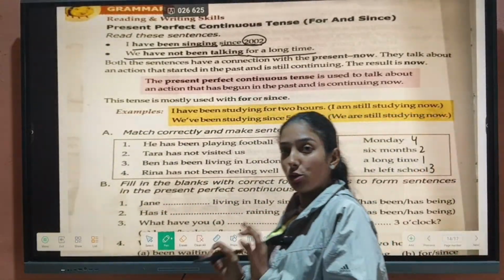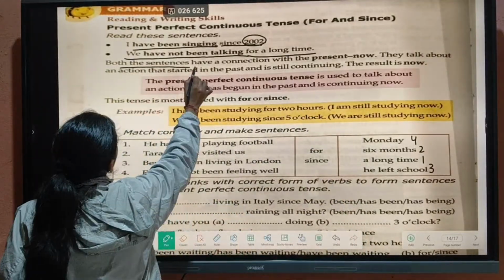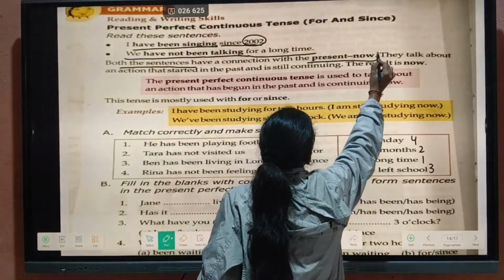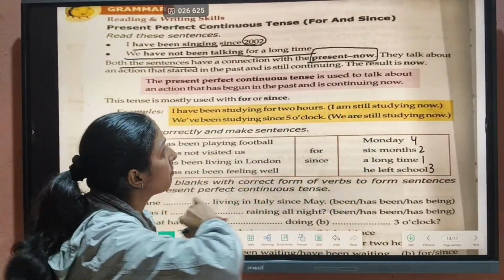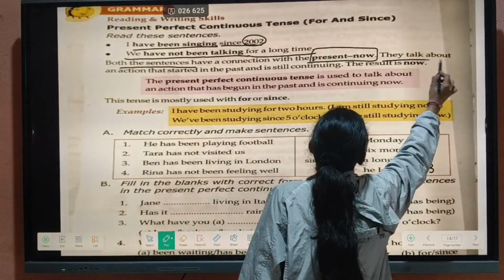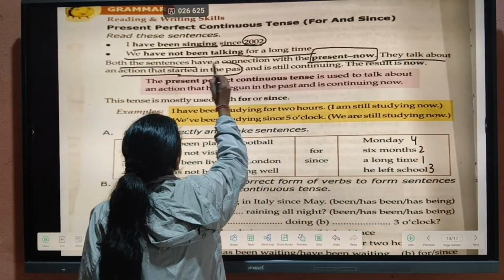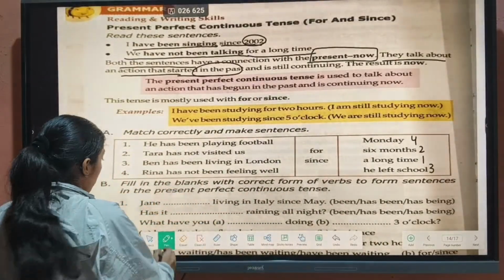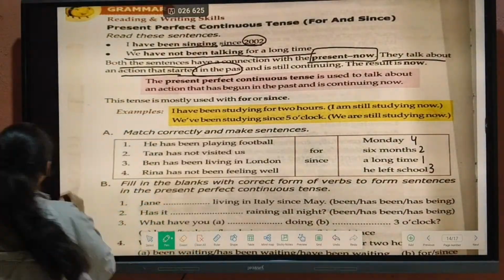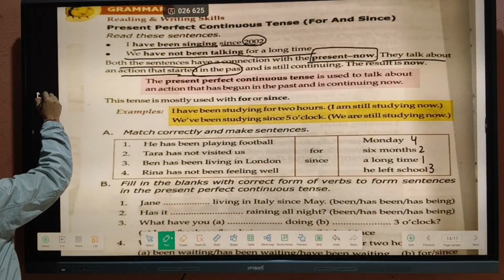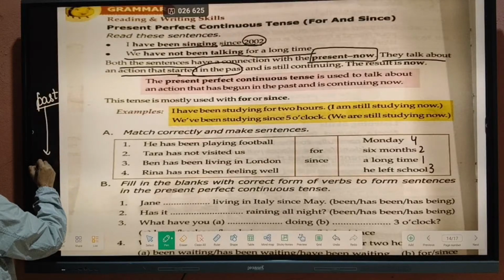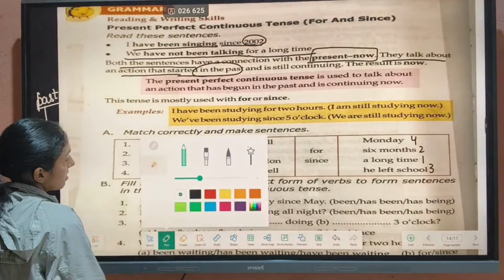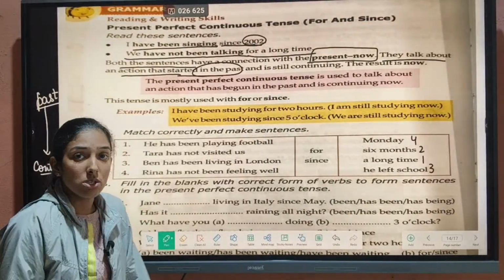If you will see these two sentences, beta, both the sentences have a connection with the present tense. Okay, they talk about an action that started in the past and that action is still continuing. Okay, any action, if it has started in past and it is continuing till now, then it is represented by the present perfect continuous tense.